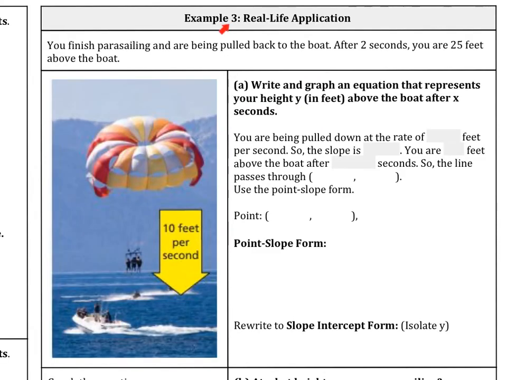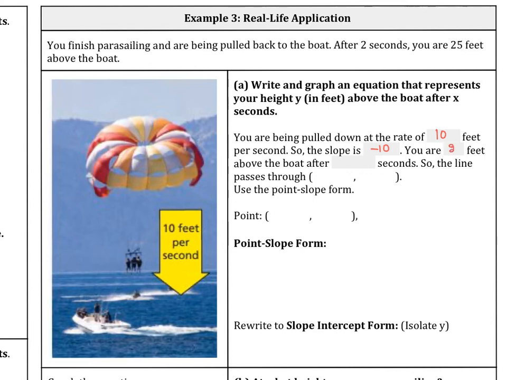Now let's discuss example number 3, a real life application. You finish parasailing and are being pulled back to the boat. After 2 seconds, you are 25 feet above the boat. Write and graph an equation that represents your height y in feet above the boat after x seconds. You are pulled down at the rate of 10 feet per second, so the slope is going to be negative 10.